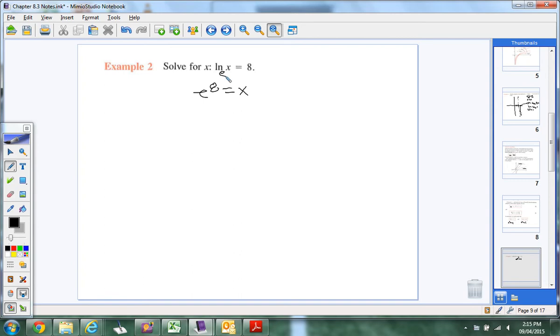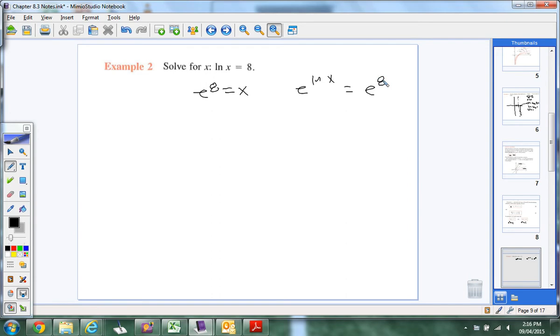The other way I'm going to show you is important because you're going to use this to solve later. You don't have to do it here, but you're going to need to do it in general. If you're ever trying to get rid of an ln like that, remember, in math, anything you do, you can always do to both sides. We're going to make everything have an e. So I'm going to go e to the ln of x equals e to the 8.